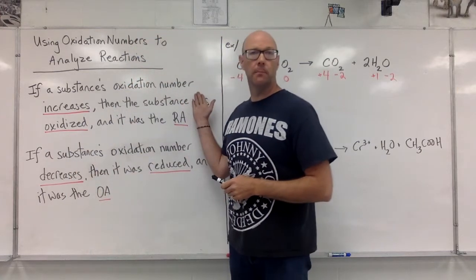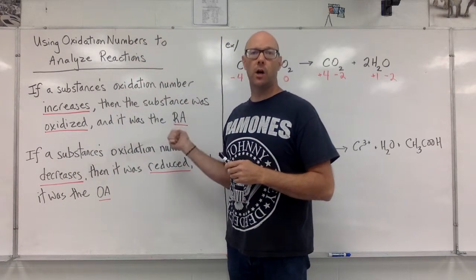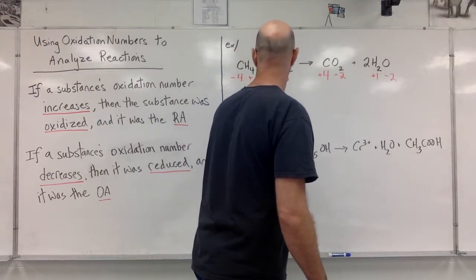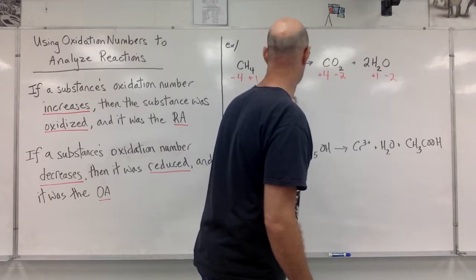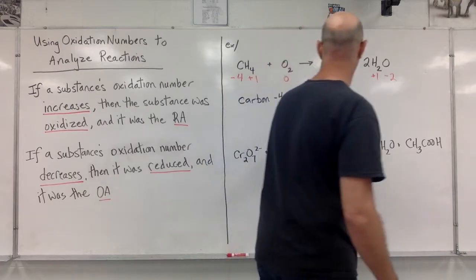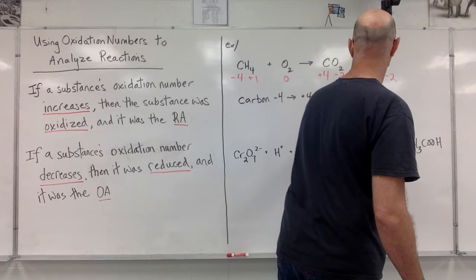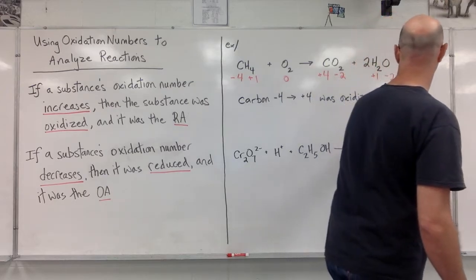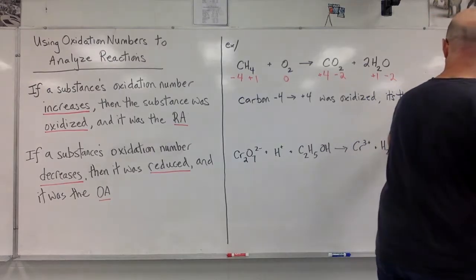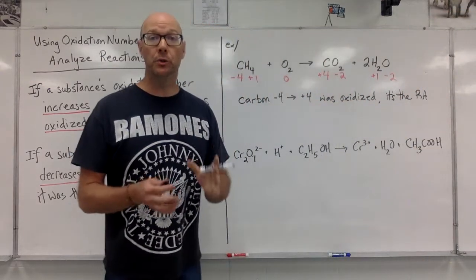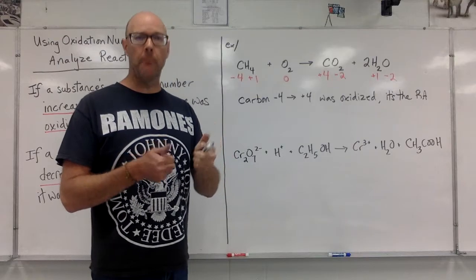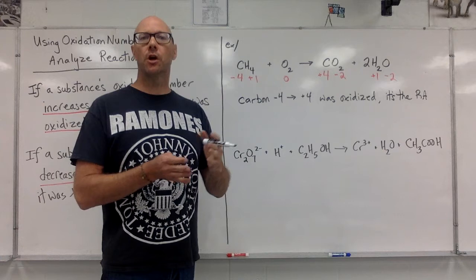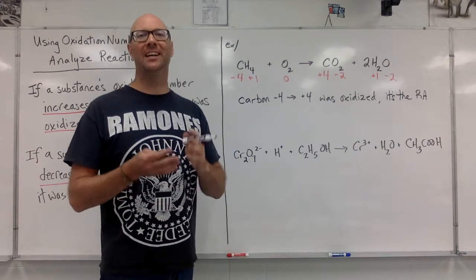If the oxidation number increases, the substance was oxidized, and it was the reducing agent. If the oxidation number goes up, that means that the chemical was oxidized, and the substance that's oxidized was the reducing agent.